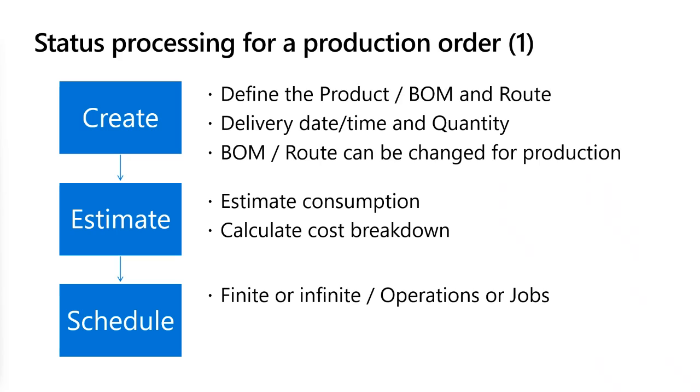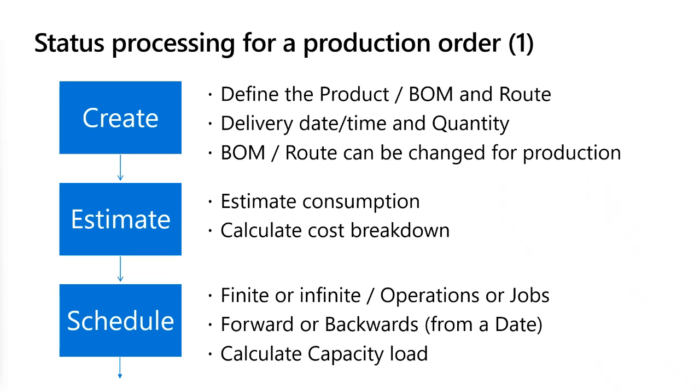Scheduling on operations, which is a higher level, or jobs, which reflects an operation breakdown into setup time, process time, etc. Scheduling forward, for instance, from today, or backwards, for instance, from the delivery date. As a result, you can review the calculated capacity load or the Gantt chart.